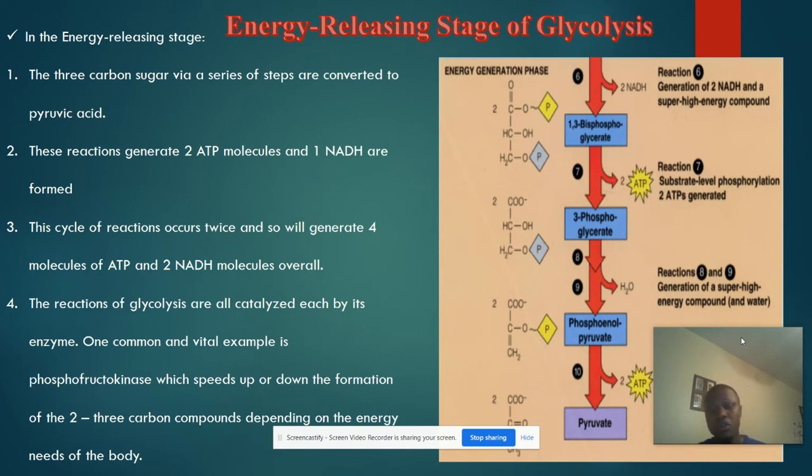So that's the energy releasing stage of glycolysis, leading to the formation of four ATP molecules and overall leading to a net gain of two ATP molecules.